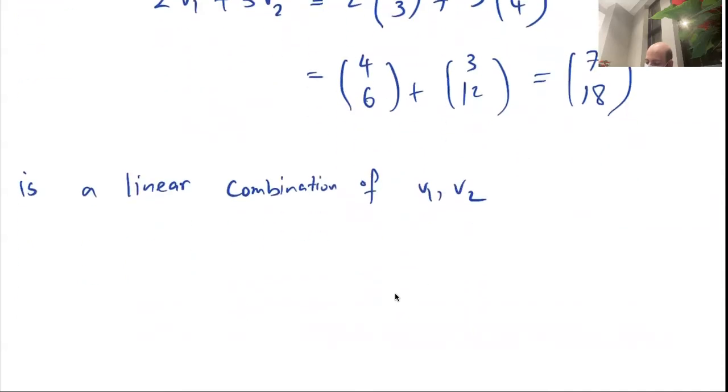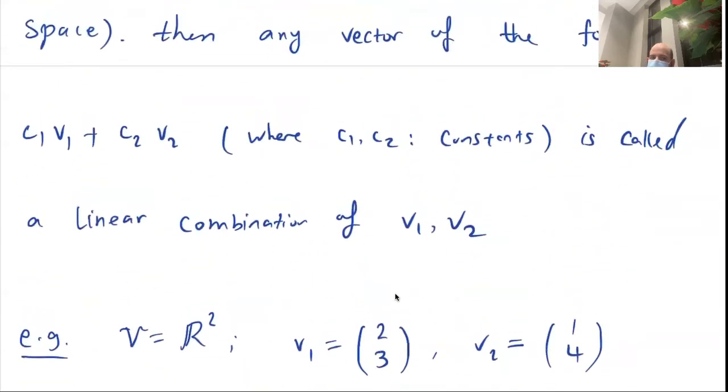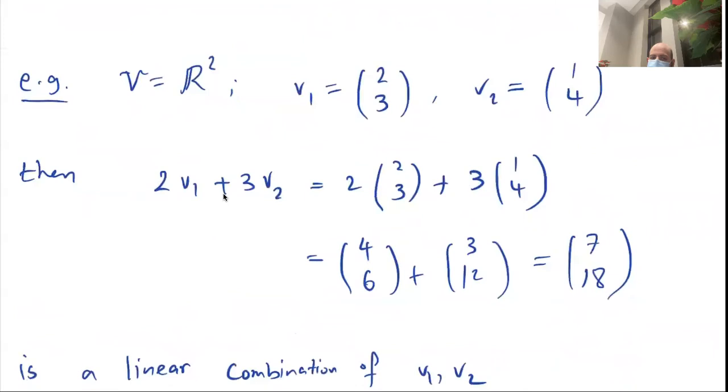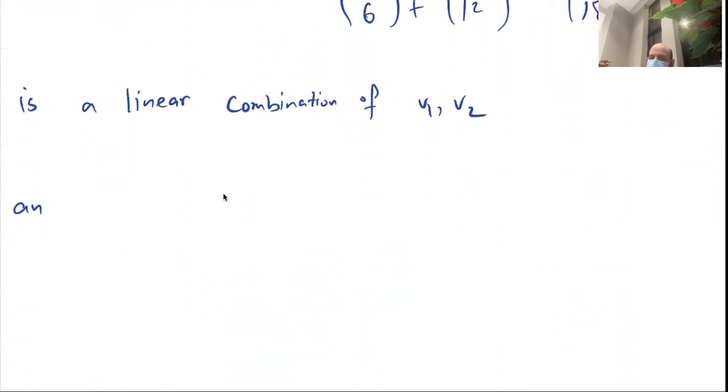There are infinitely many linear combinations of V1 and V2, because a linear combination is of the form C1 V1 plus C2 V2, but C1 and C2 are arbitrary constants. I can take them to be 2 and 3 like in this example, or I can take them to be, I don't know, 5 and 4, or 6 and -1, whatever I want.